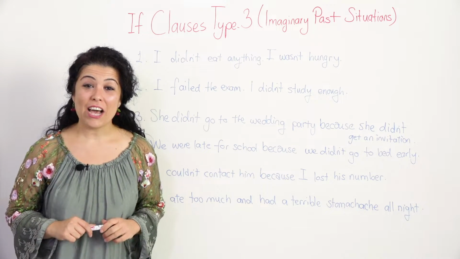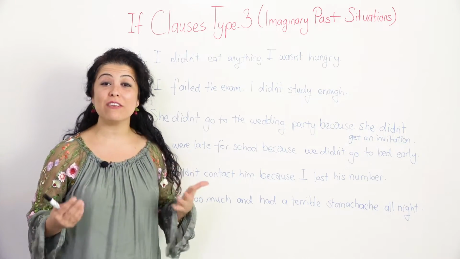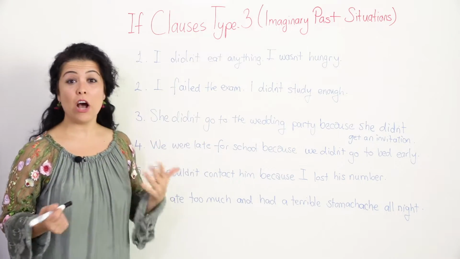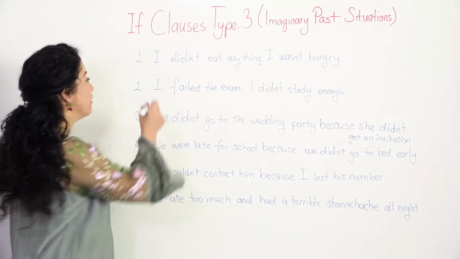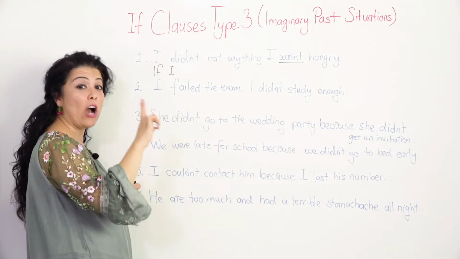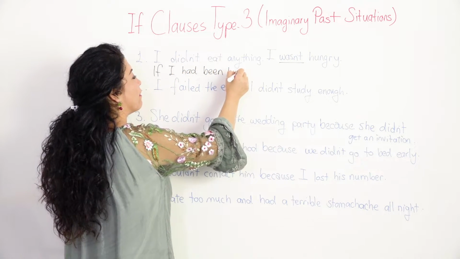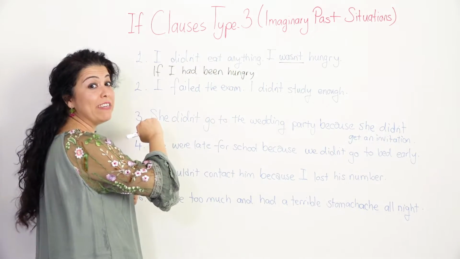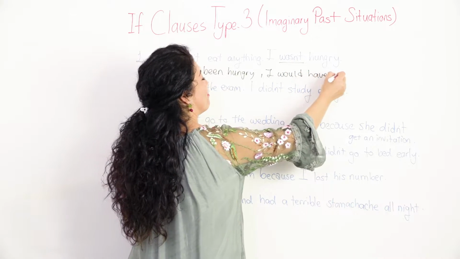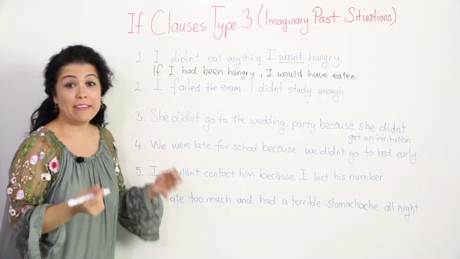Let's practice. I've got here 6 sentences. We are going to read them and speculate how things could have been different. I didn't eat anything. I wasn't hungry. So if I had been hungry, I would have eaten. Another one, I failed the exam.